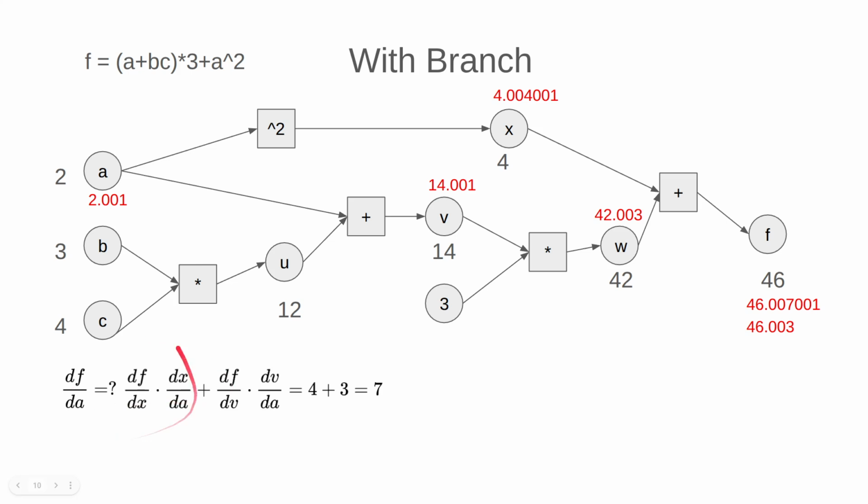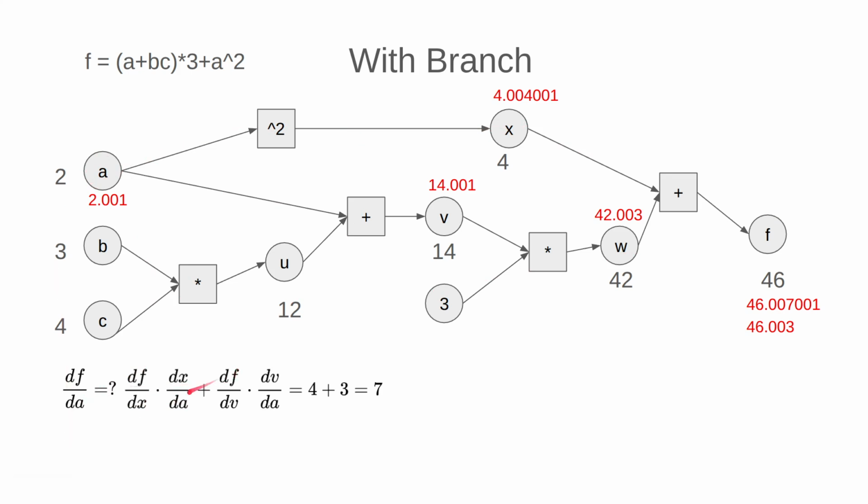This is very important. Whenever we use the upstream gradient to decide the gradient of a variable, we are actually adding the contribution to the gradient instead of setting it.